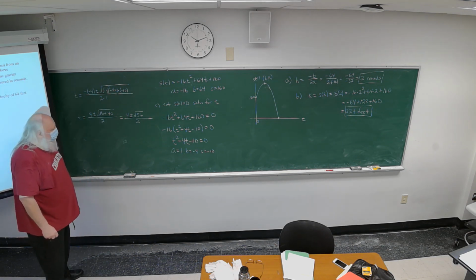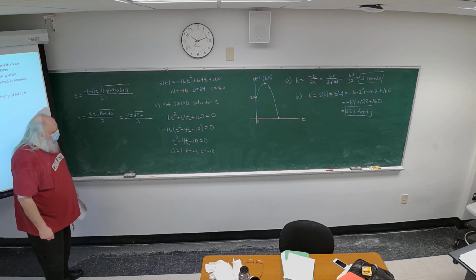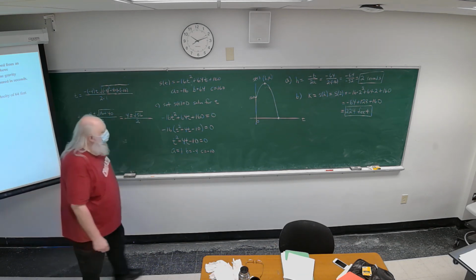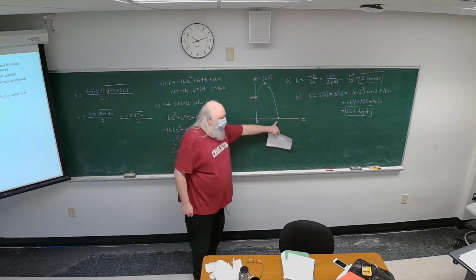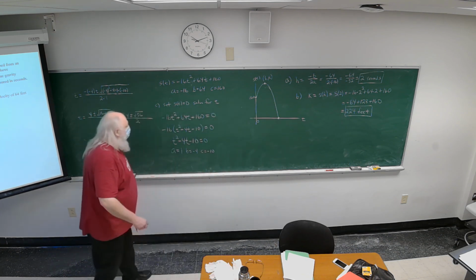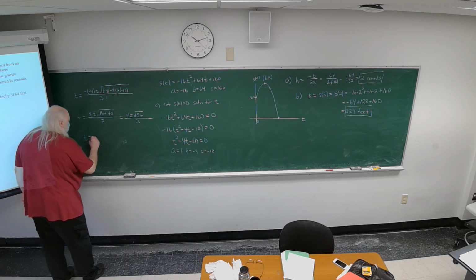Now, before we simplify square root of 56, there are two values of t, right? This value of t over here, do you think we use the plus sign or the minus sign? Plus, right? So our value of t is 4 plus the square root of 56 over 2.